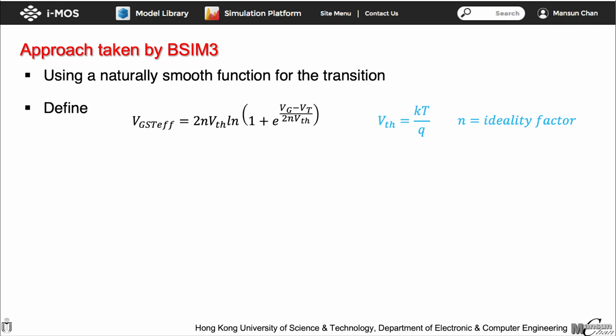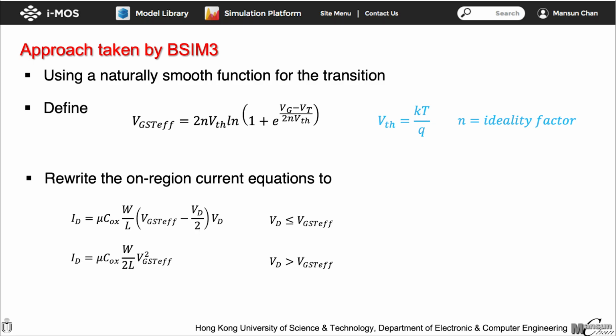After VGST effective is defined, it will be used to replace all the Vg minus Vt in the on-region equations. The subthreshold region equation is no longer necessary as VGST effective is always positive. As a result, the on-region equations can be extended to the region with Vg less than Vt.